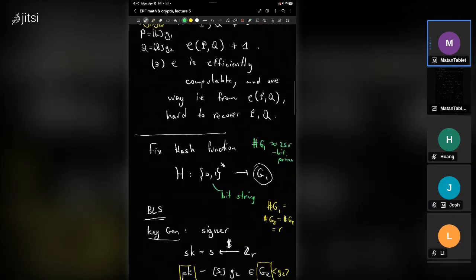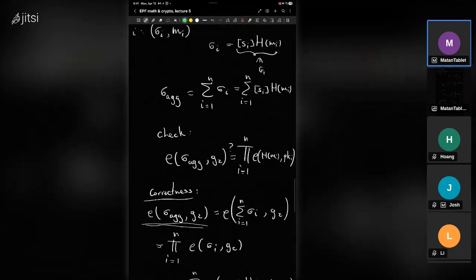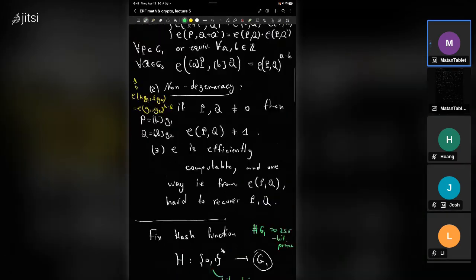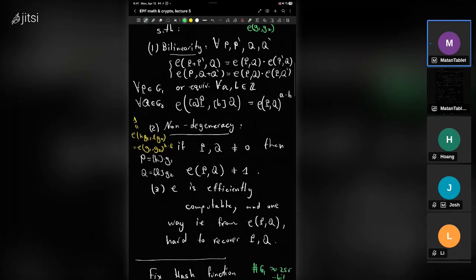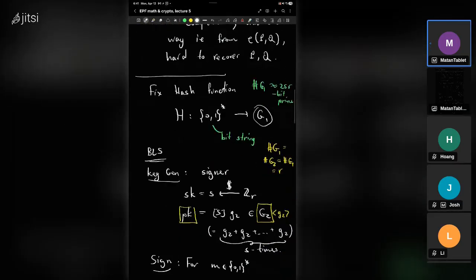Okay, so you see, once we had a pairing with these beautiful properties of bilinearity, essentially, then we could do a very good cryptographic improvement.